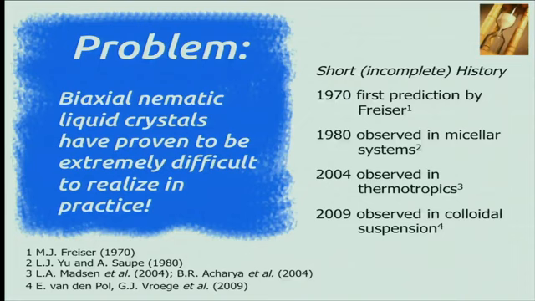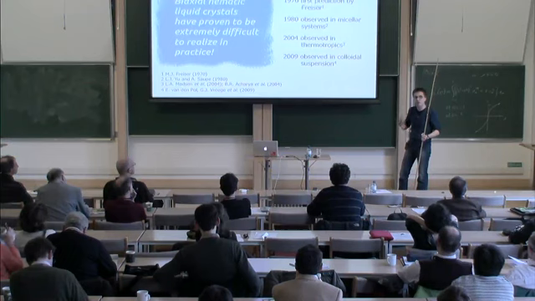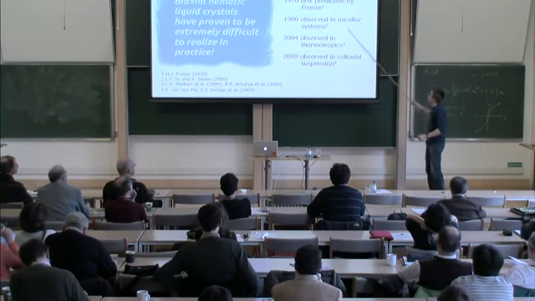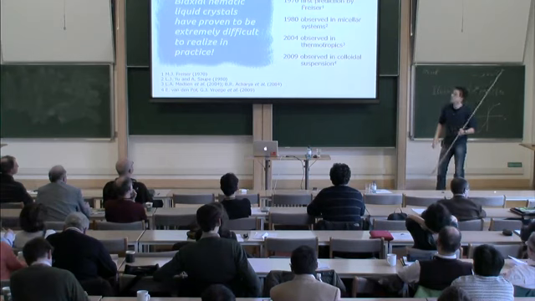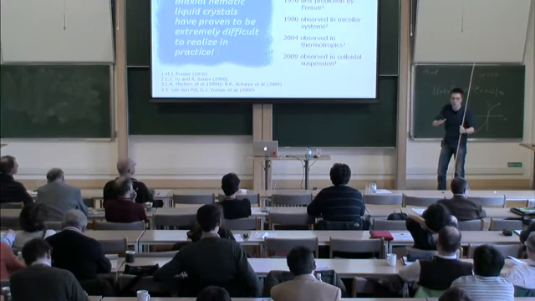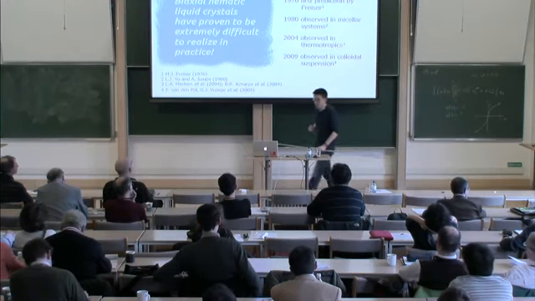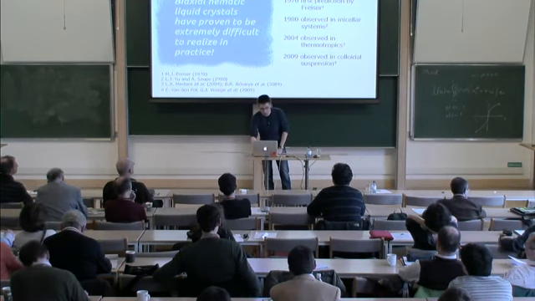A colleague of mine noticed that between the prediction and the actual observation, well, some people were saying that this kind of observation was controversial. But if you consider it as the first clear observation of biaxial nematics, you have between the prediction and the observation almost 35 years. So it's the order of magnitude of the Higgs boson, basically. So that's the difficulty in stabilizing biaxial nematics and in observing them.